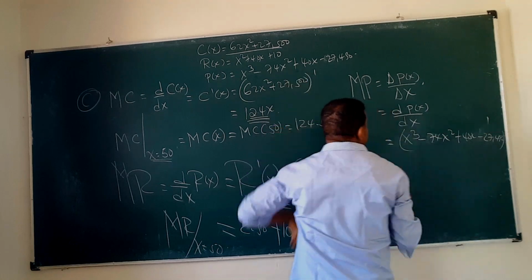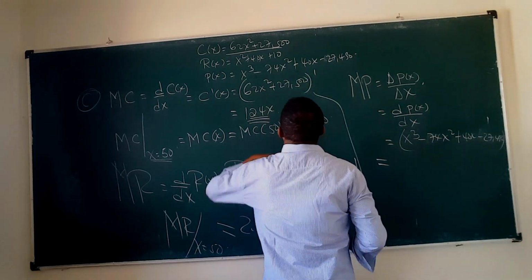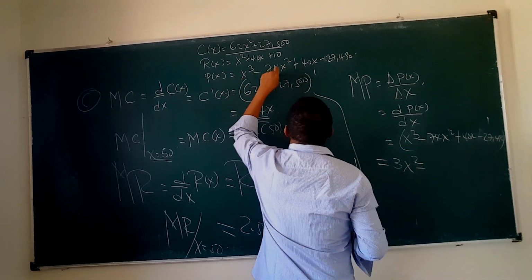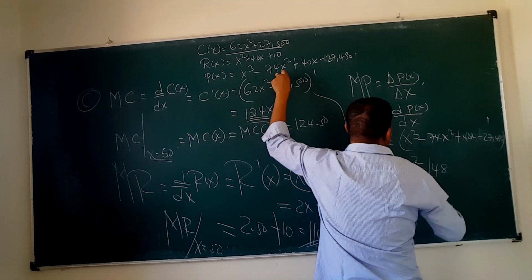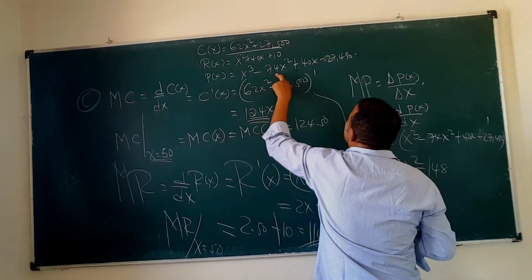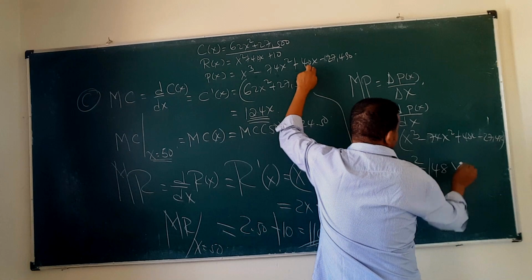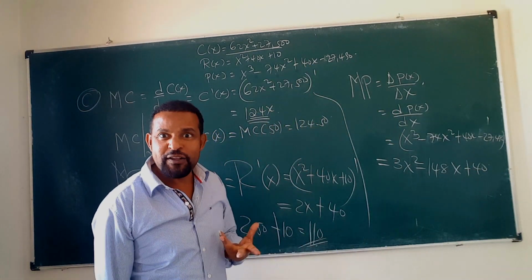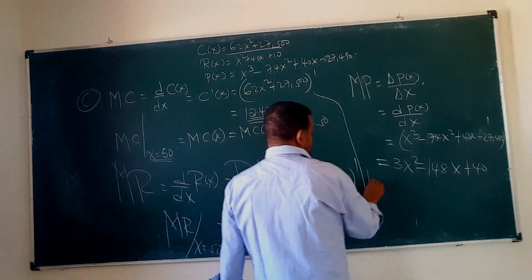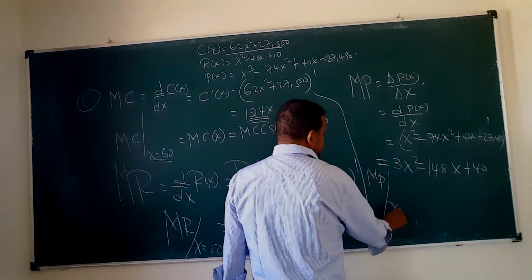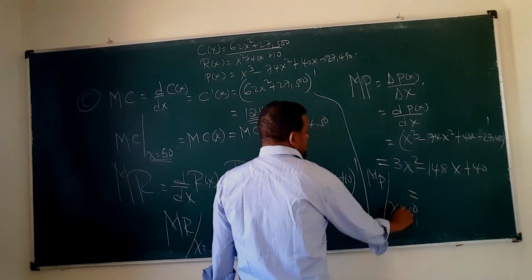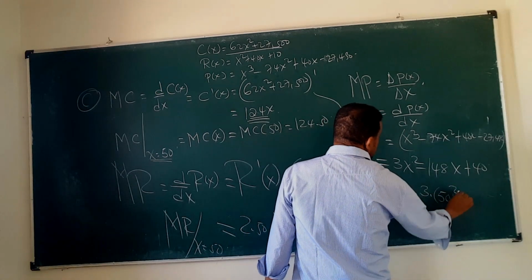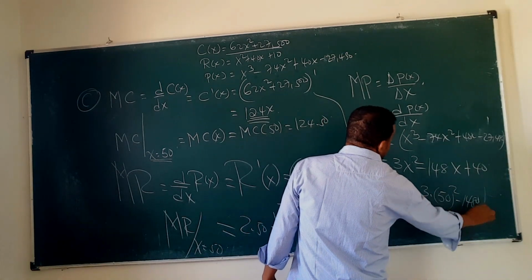So the derivative will be 3x squared minus 2 times 74, which is 148, times x, and the derivative of the next term is 14. What is the value of the marginal profit when 50 units are sold? That will be 3 times 50 squared, minus 148, plus what?